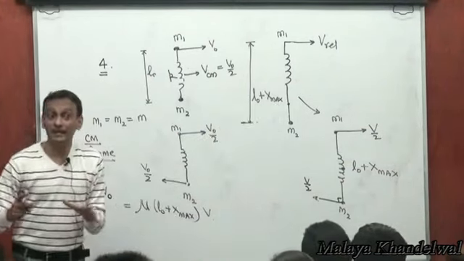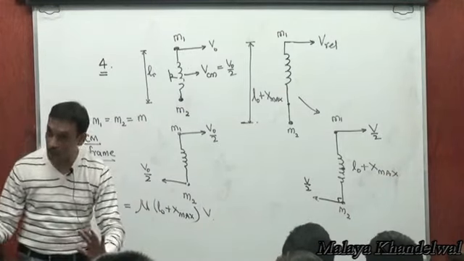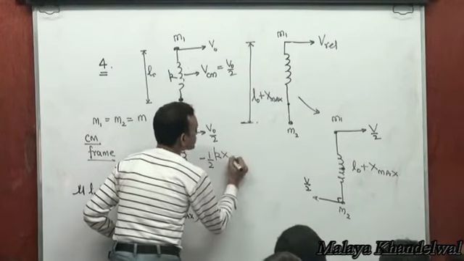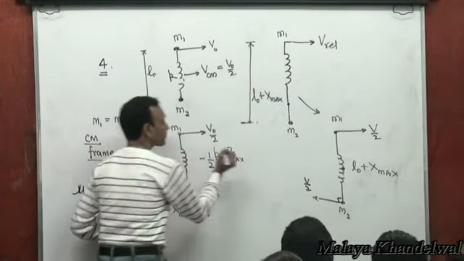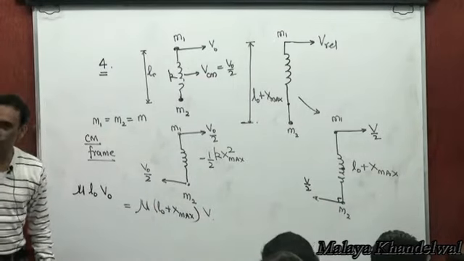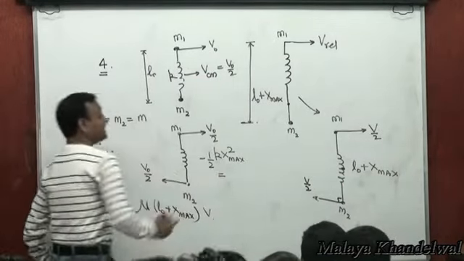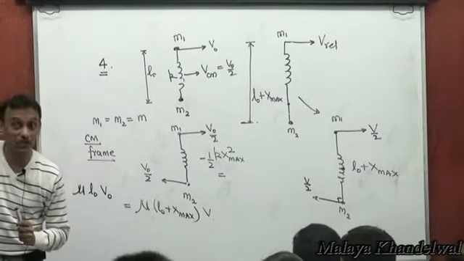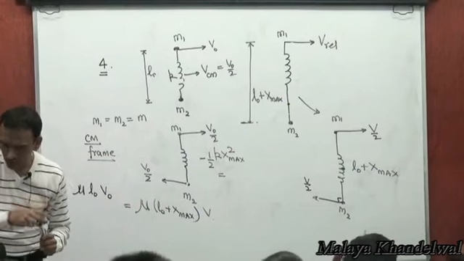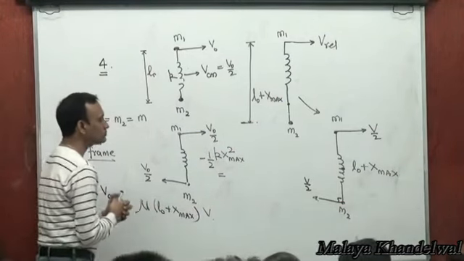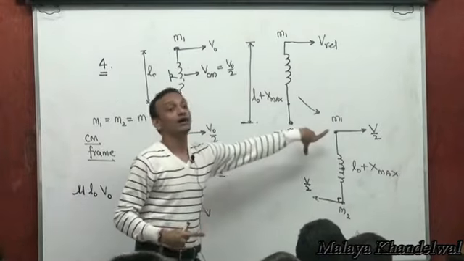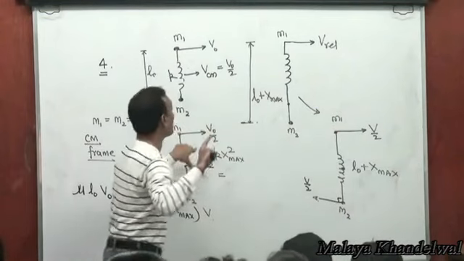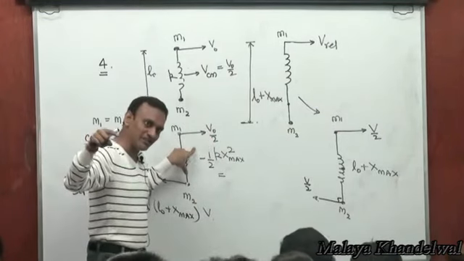So, negative of the change in elastic potential energy, that's the work done by the spring force, which is minus half K x max squared, and that must be the change in kinetic energy with respect to the center of mass. Yes or no? That means final kinetic energy half mu v squared, because v is the relative velocity here, minus half mu v naught squared. v naught is the relative velocity here, right?